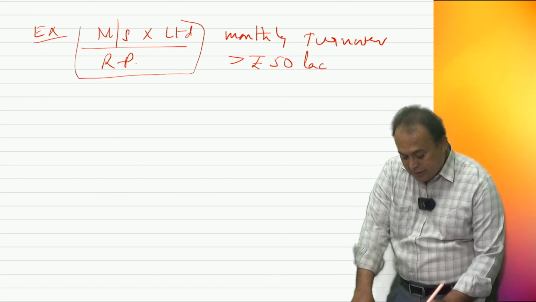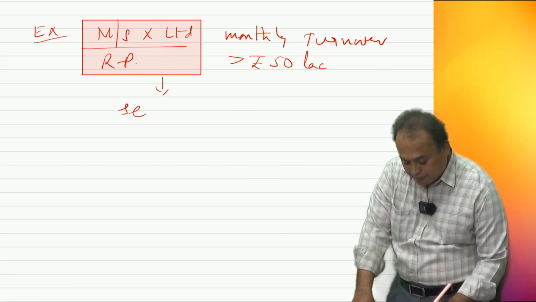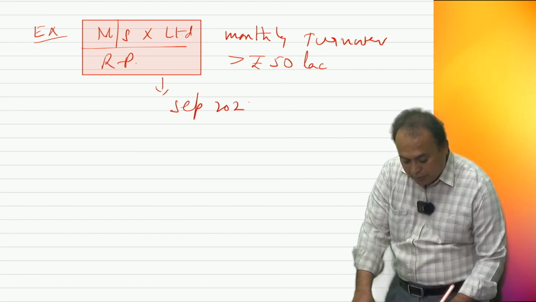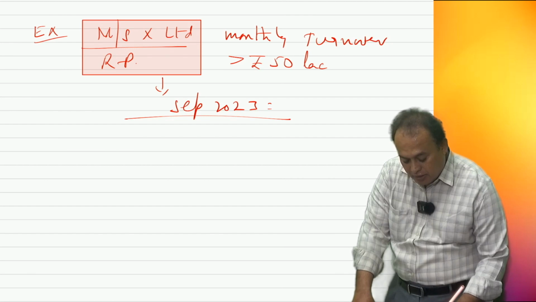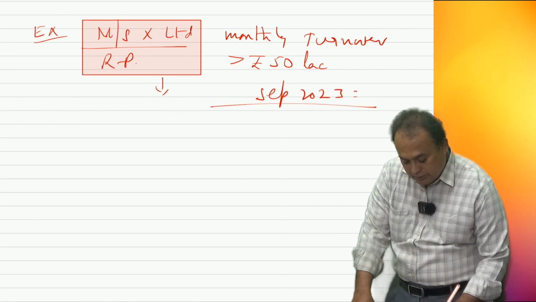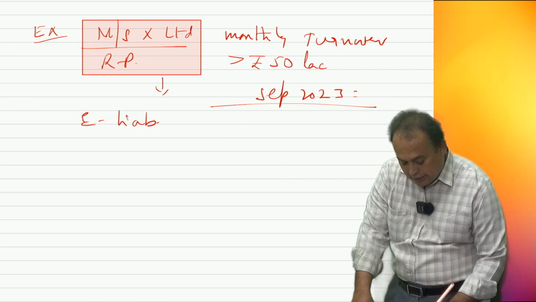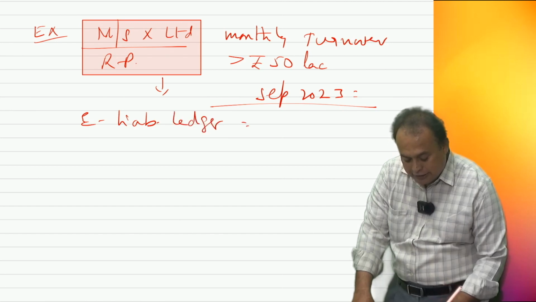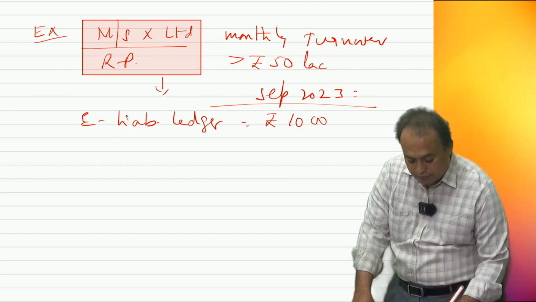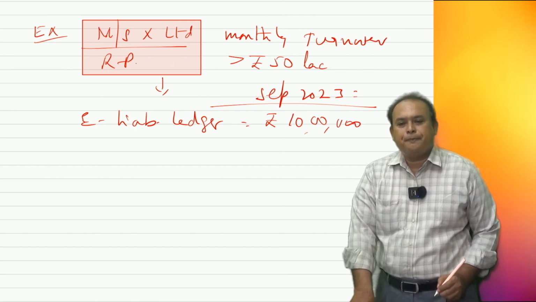If there is a case for a given month, let us say in the month of September 2023, what is the liability? The electronic liability ledger shows here, for example, 10 lakhs is the liability for a given month.